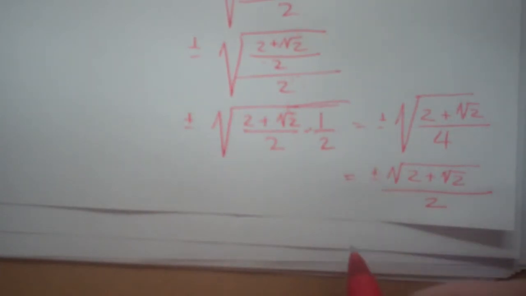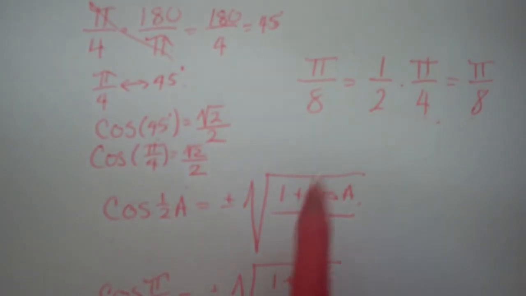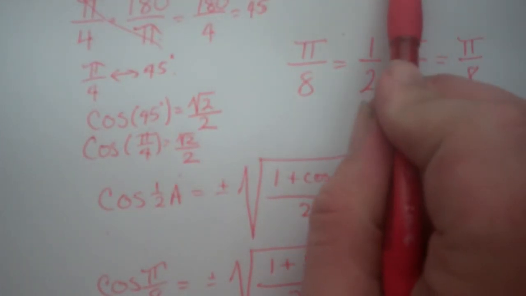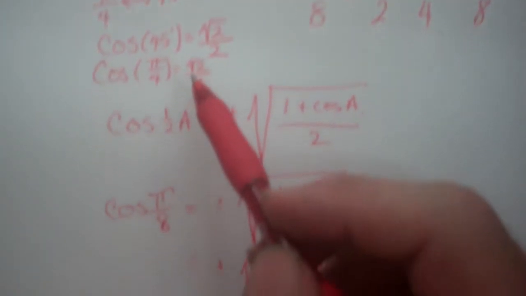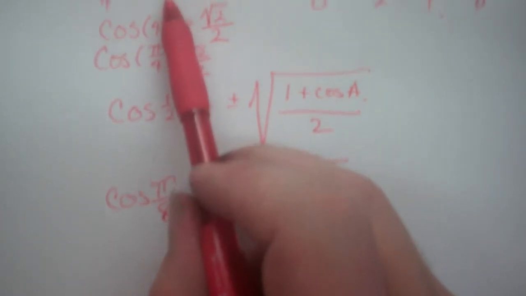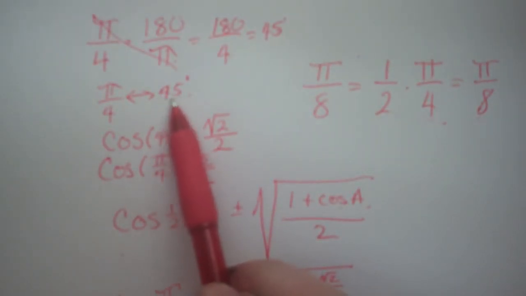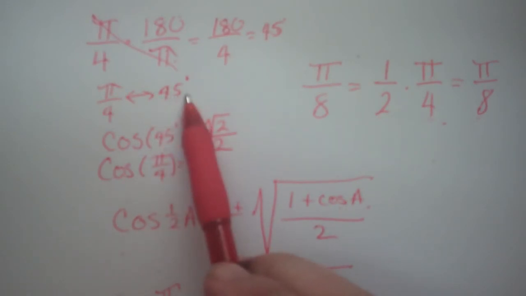Now how about this plus or minus? Well, we're talking about pi over 8. And pi over 8 is half of pi over 4. We said pi over 4 was the same thing as 45 degrees. 45 degrees right here. And so that means that pi over 8 is half of 45 degrees. And so we're definitely in the first quadrant.